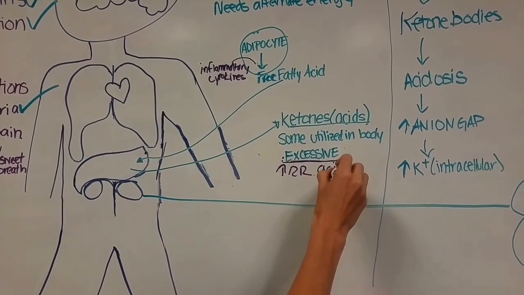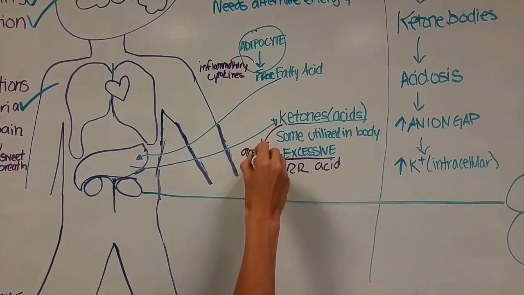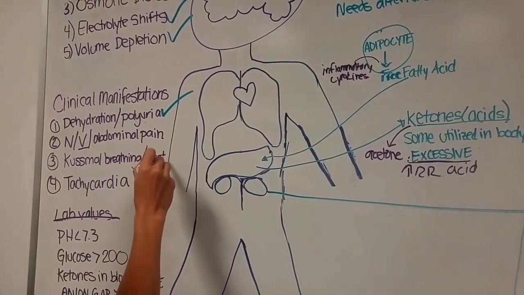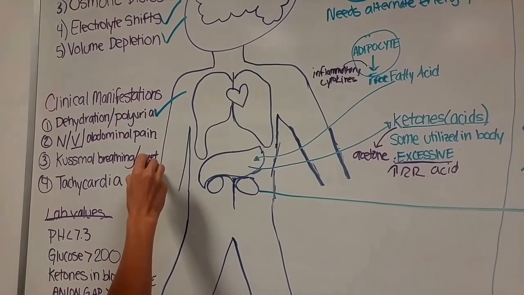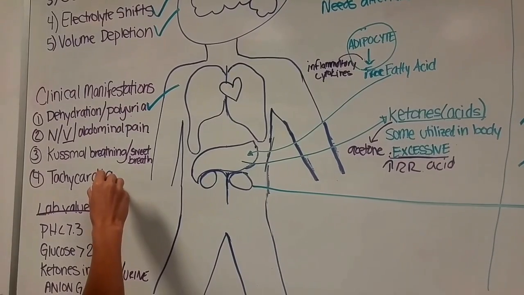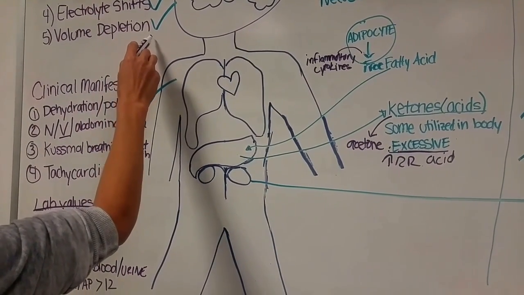Trying to breathe off the acid. Secondly, there's a byproduct of ketones called acetone. This is what contributes to the sweet breath that often DKA patients present with. Lastly, tachycardia is a compensatory mechanism with the volume depletion.